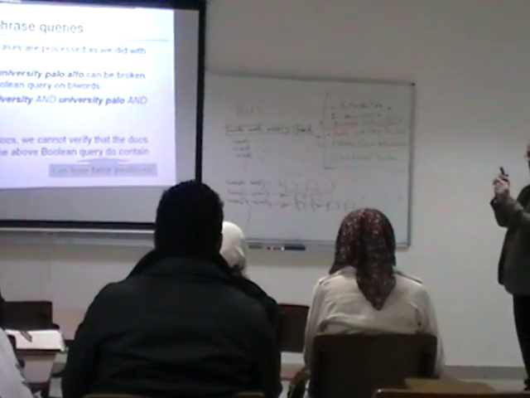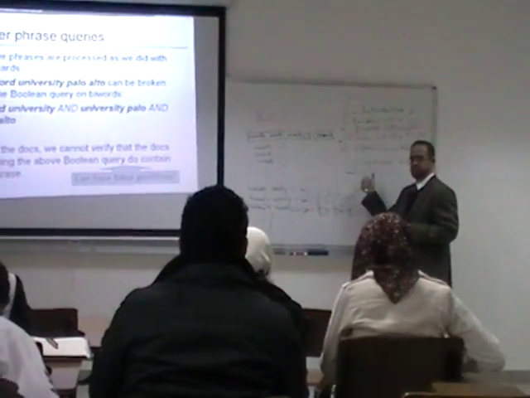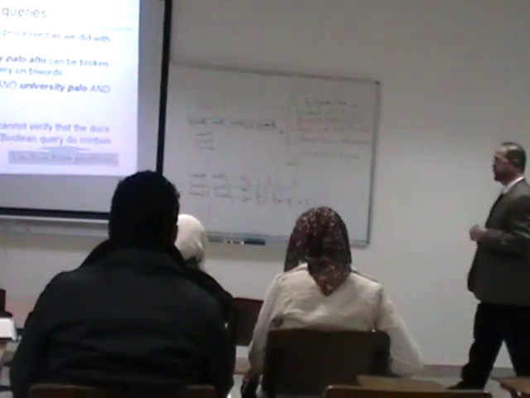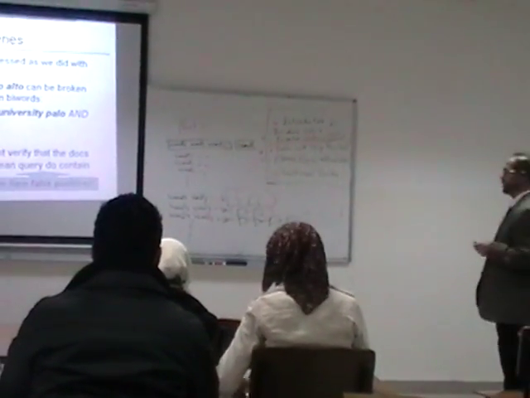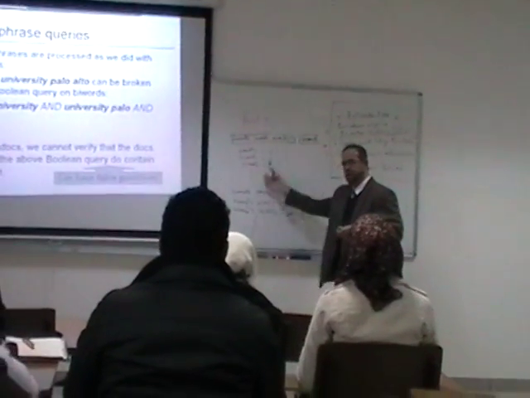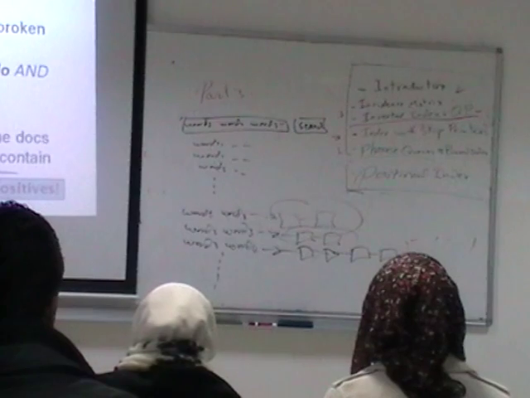They're not word 1, word 2, word 3 together. So that document will be returned in the answer set. That document is called a false positive. So this is one of the problems of using biword indexes.